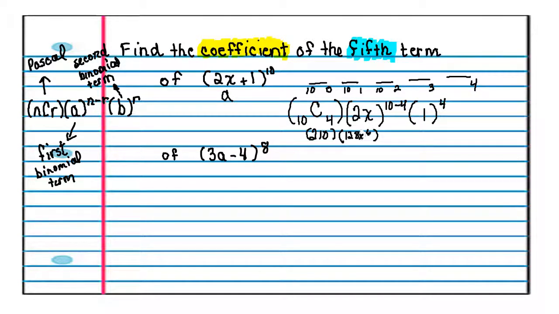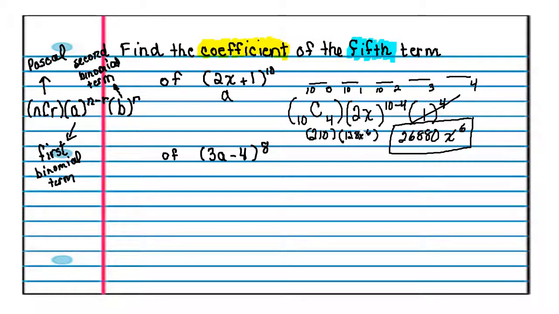It's got to go inside the parentheses. And then we have 1 to the 4th power, which is just going to equal 1. So long. See ya. And we're going to take our magic calculator and do 210 times 128, which gives us the magical number of 26880x to the 6th power. And there is our 5th term of that binomial.